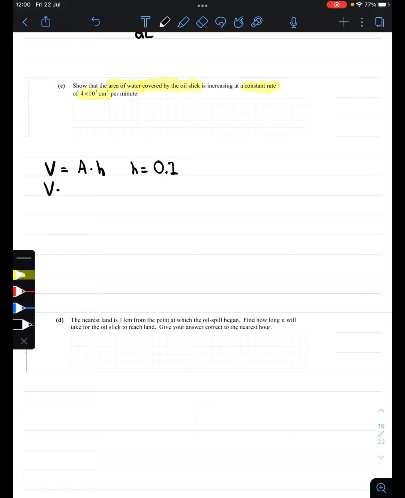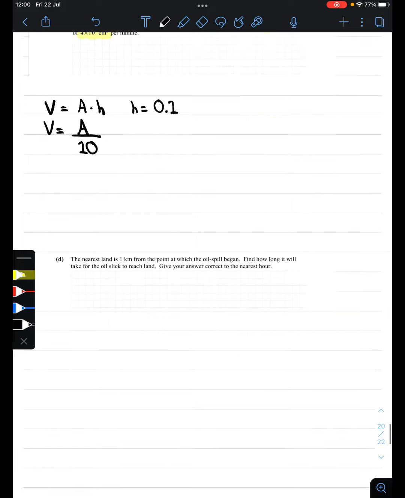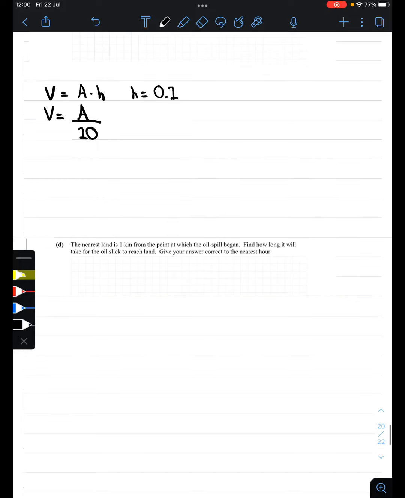So V equals A over 10. So let's again take the derivative of both sides. So dV/dt is equal to d/dt of A over 10.